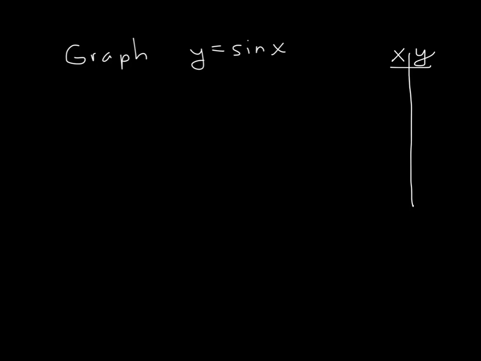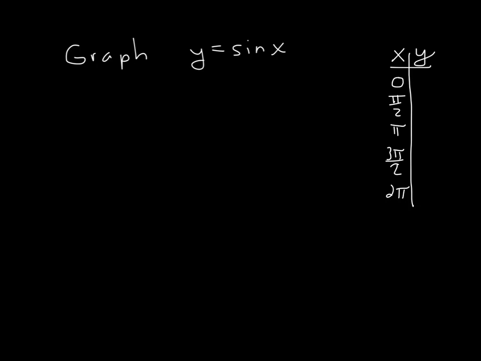So let's start with 0. You're going to want to trust me on the first one here. I'm going to try 0, pi over 2, pi, 3 pi over 2, and 2 pi. For starters, we might throw some other things in there, but this should get us going pretty good.